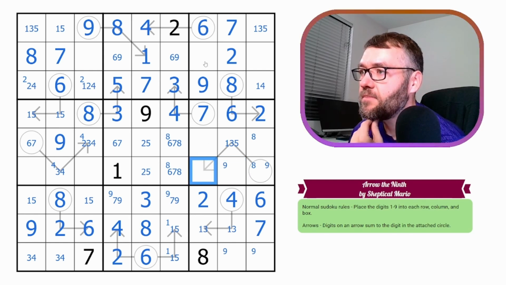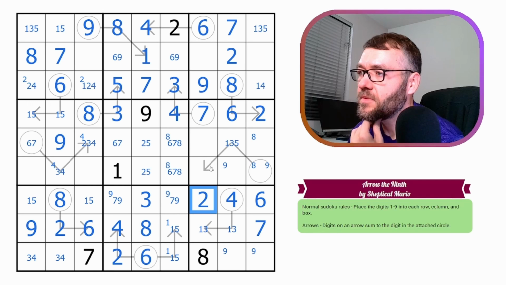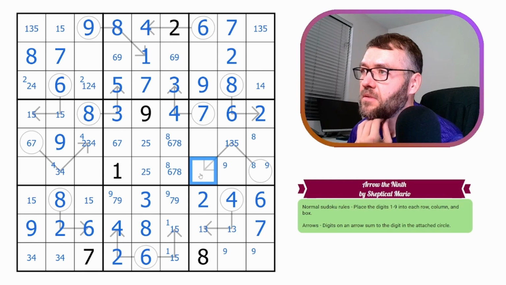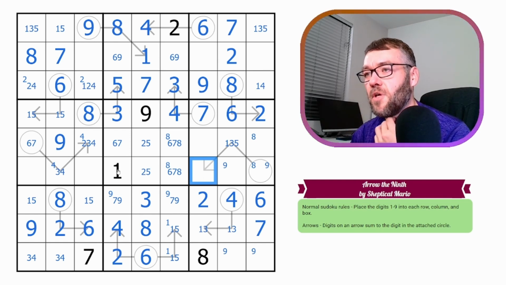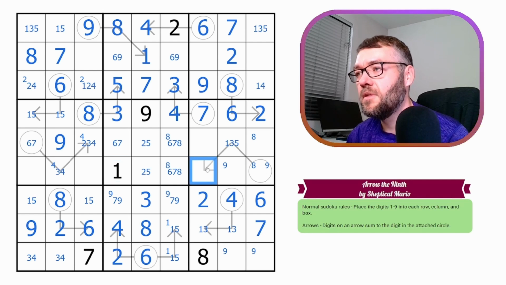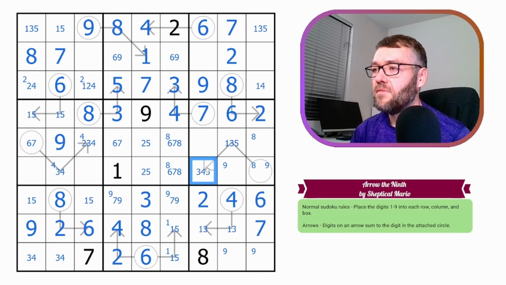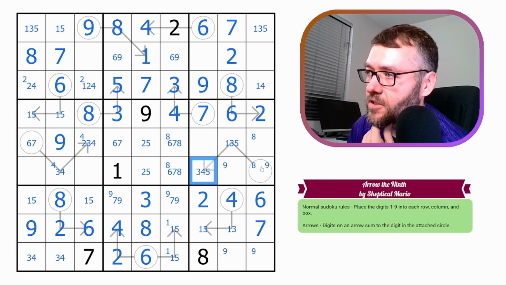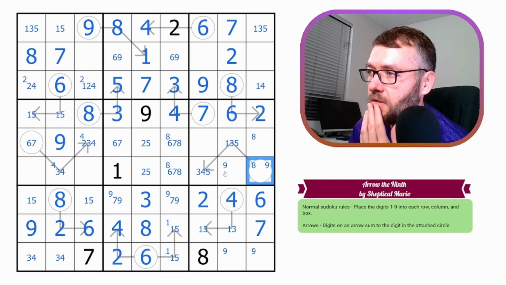What about this column? We have a 2. This could still be a 1, so this could still be a pretty small number. We need 1, 3, 5, 1, 3, 4, 5. Oh, this can't be a 1 because of this one over here. So this is a 3, 4, or 5. So the smallest this could be is 4.